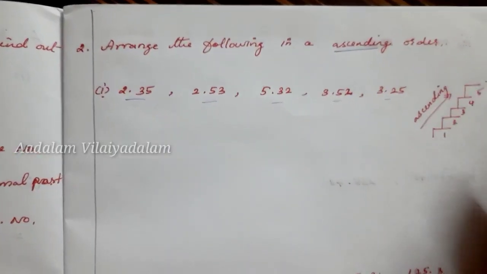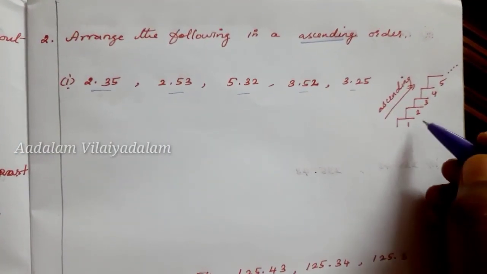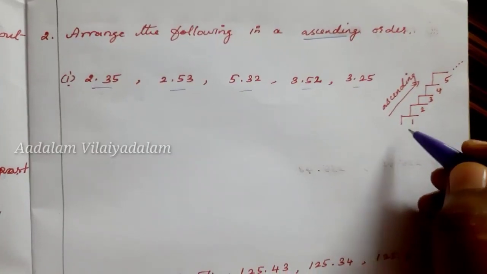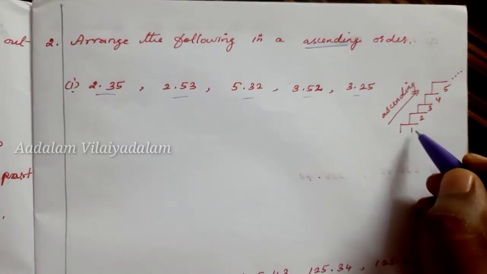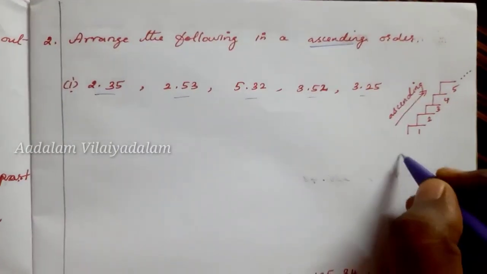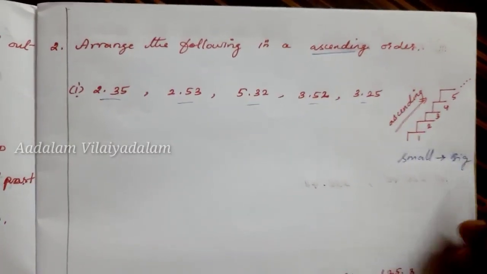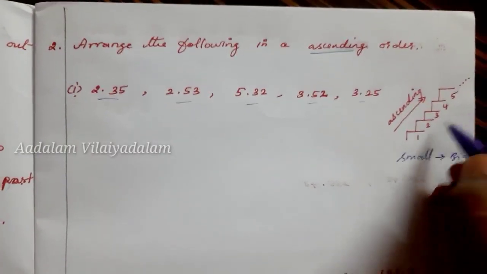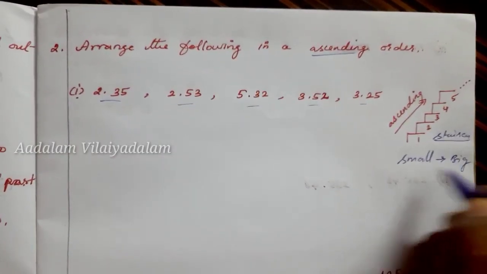So what is ascending order? That's what we have learned in the previous classes. The example is climbing a staircase. It goes from small to big. So remember the staircase and remember the words small to big.